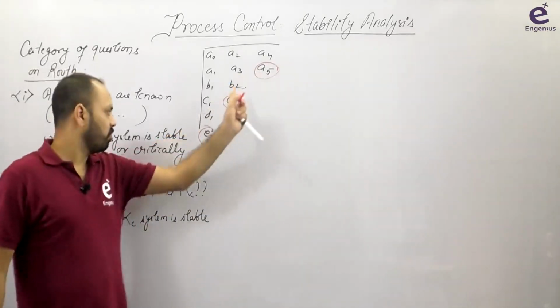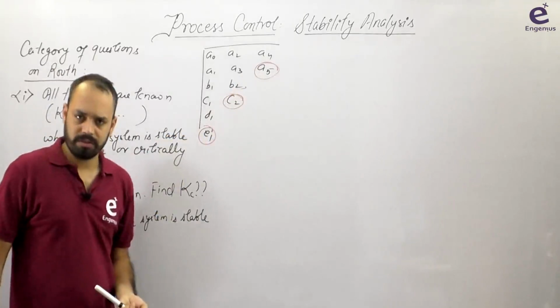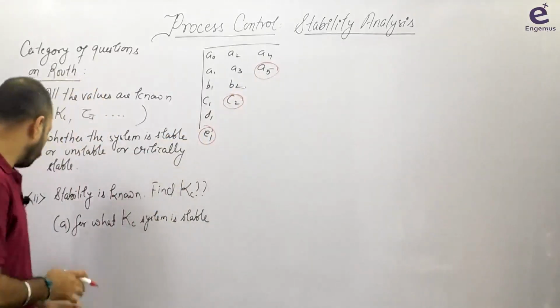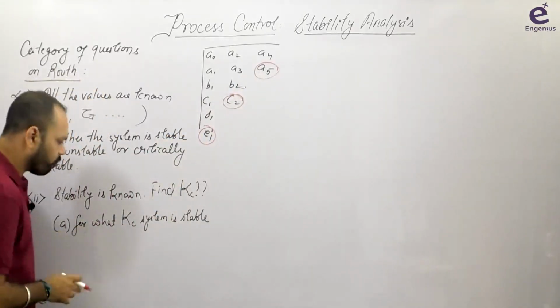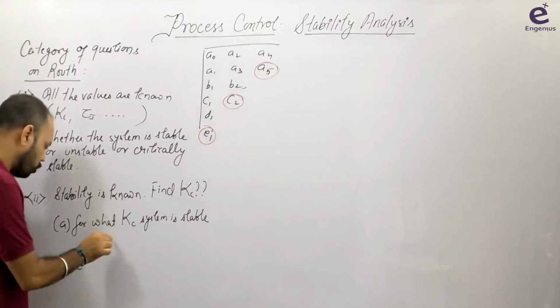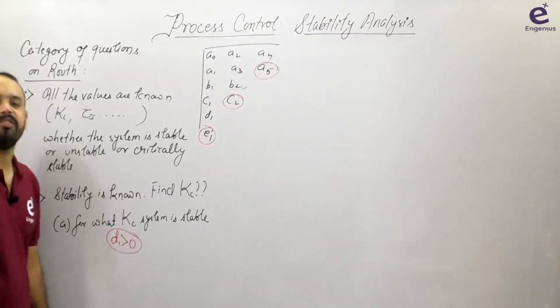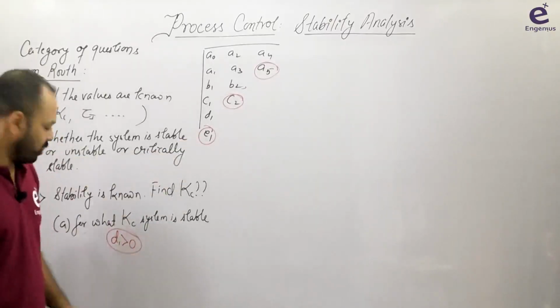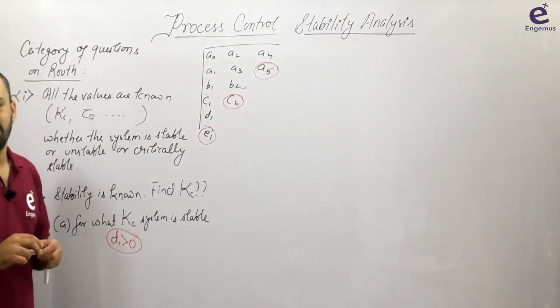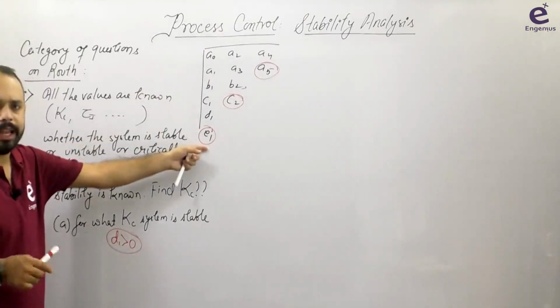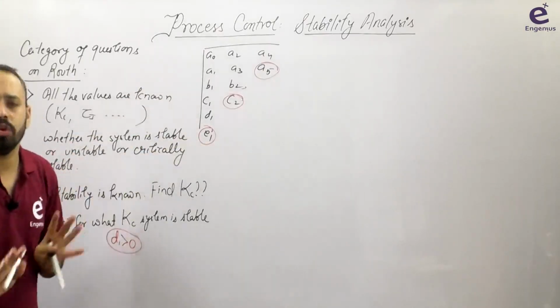A5 was positive, so C2 is also positive, so E1 is also positive. So normally, when we have to find for what value of Kc the system is stable, it is generally found with D1 greater than 0, not from the last element. Generally, the inequality of the last element of the first column is not used.